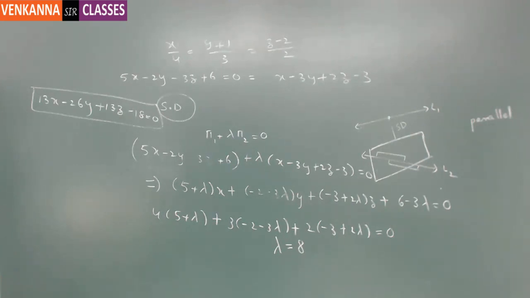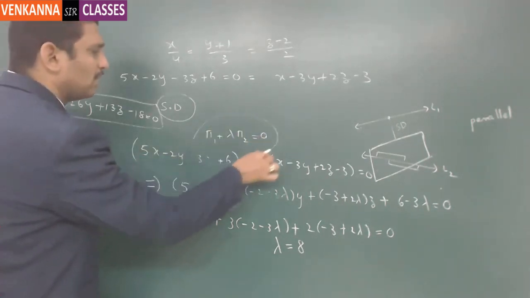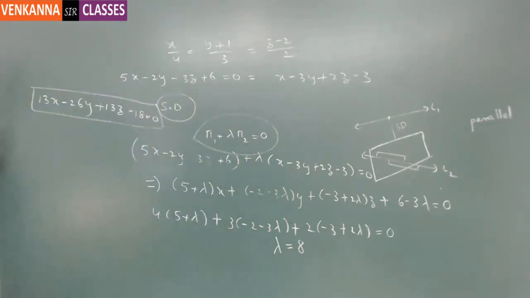We have taken the plane equation in such a way, that's why I mentioned that I am constructing a new plane which is passing through line 2 and parallel to line 1. That is my assumption. Every plane passing through L2 is nothing but of the form pi 1 plus lambda pi 2 equal to 0. Here the lambda will be determined as per our need.